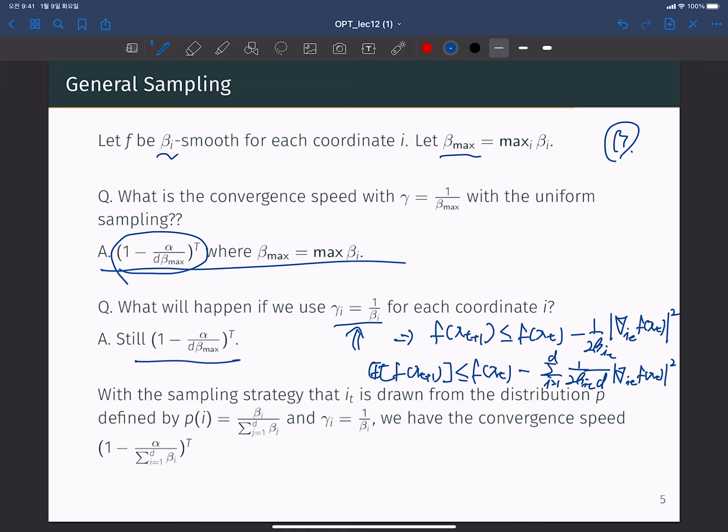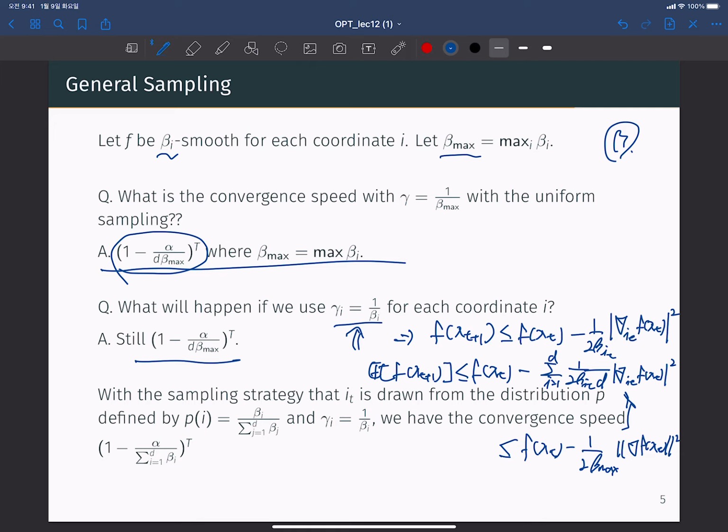So this is upper bounded by f(xt) minus 1 over 2 d beta max times the gradient of f(xt) normed squared.